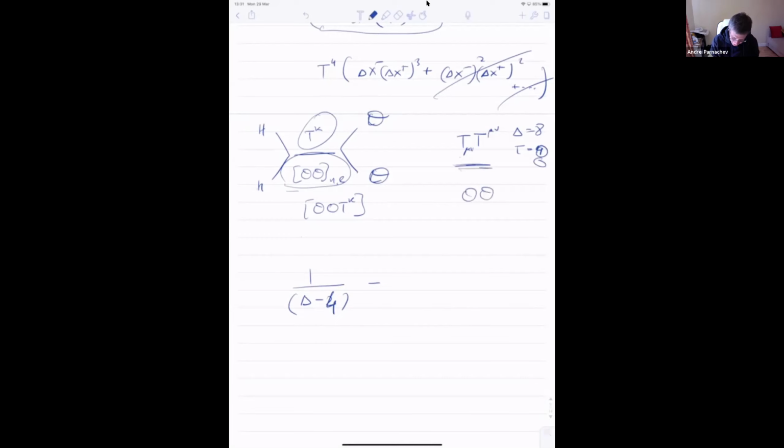This guy has delta minus 4 in the denominator, and this other guy also has delta minus 4. And then on top of it, there is something like this. So this mixing produces some log. That's interesting for a variety of reasons.